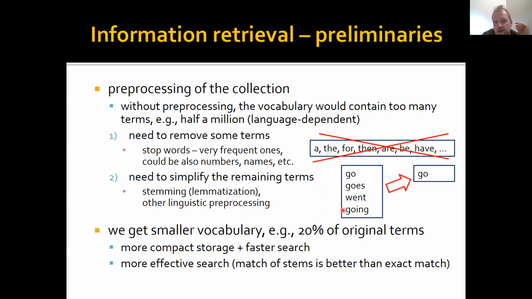So we need to make the search more robust and make the vocabulary more compact. And for both of these goals, lemmatization or stemming is a processing step that is desirable. So, for example, 4 forms of the verb go will be simplified to just one.